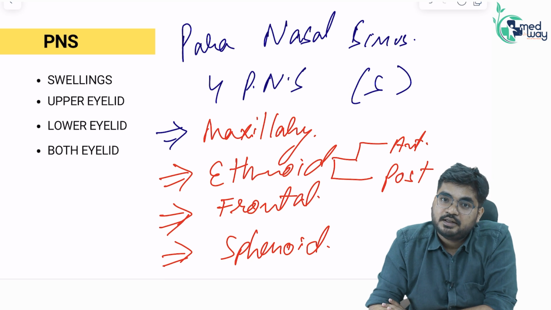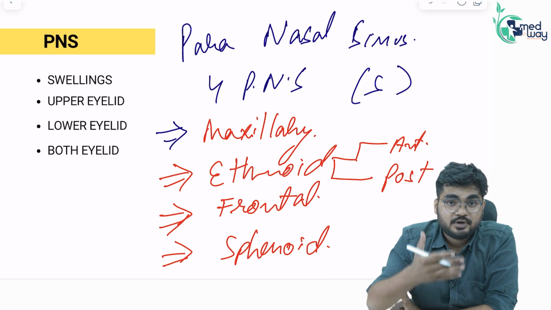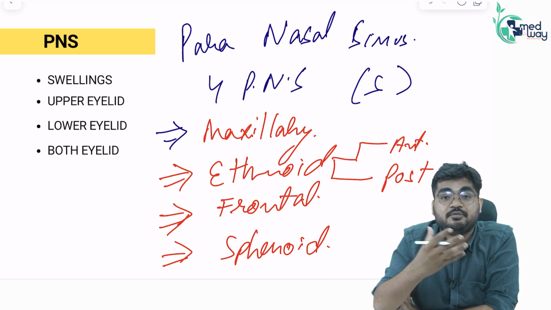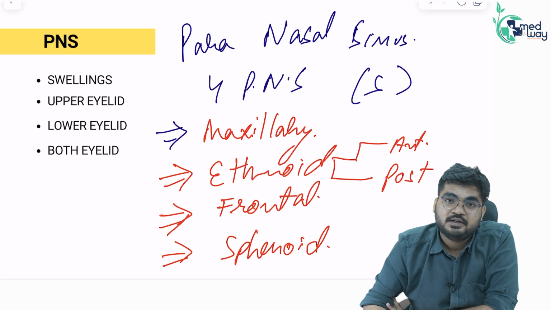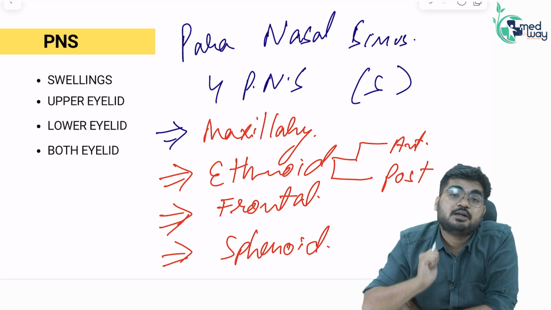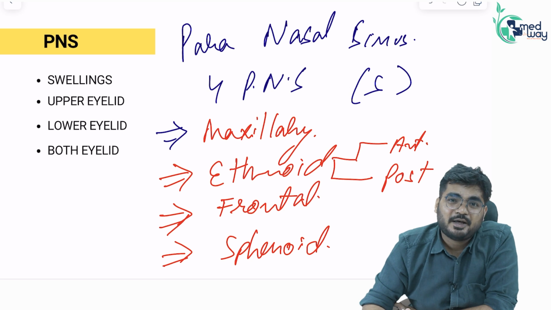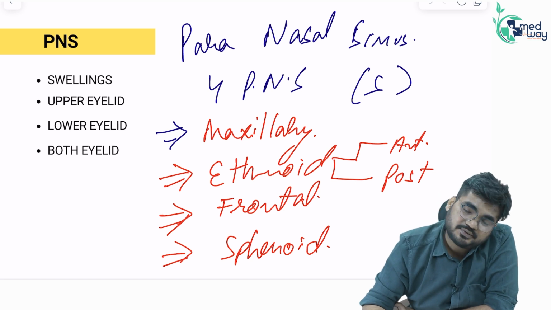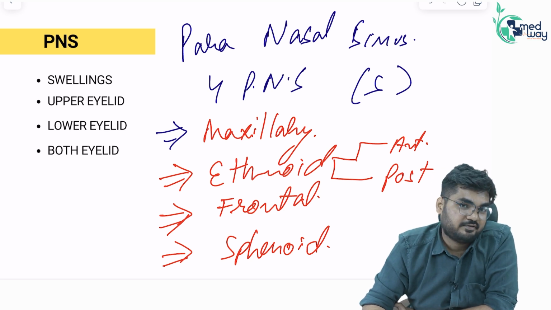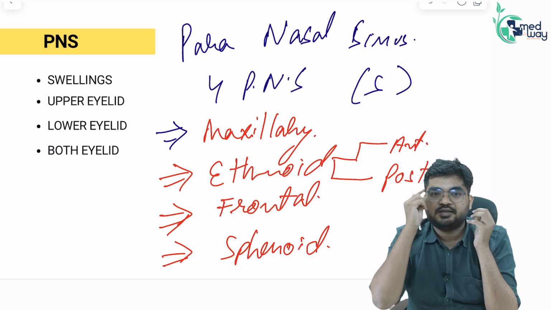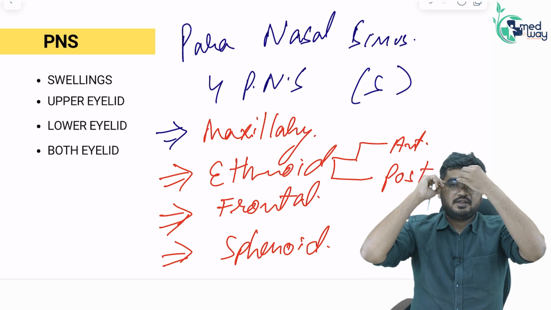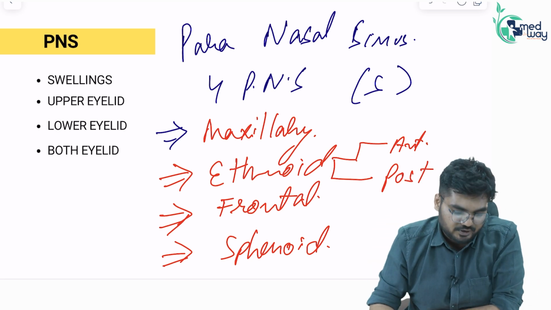And lastly, sphenoid sinus, I told you, you cannot see it from the front, so it won't come with a swelling. The patient will say, sir, I am having retroorbital pain or a deep-seated headache. What is the paranasal sinus involved? It is the sphenoid sinus. Fine. Maxillary sinus, ethmoid sinus, frontal sinus, and behind it is the sphenoid sinus.